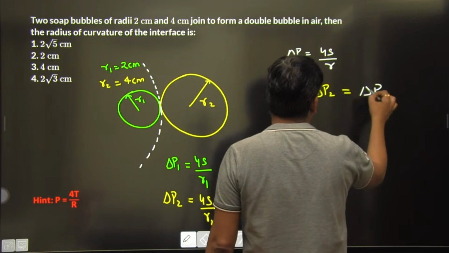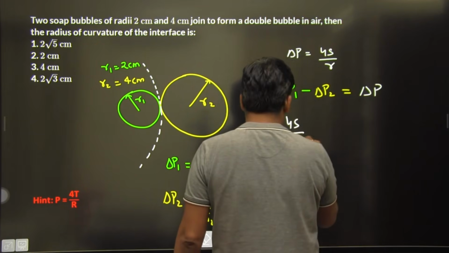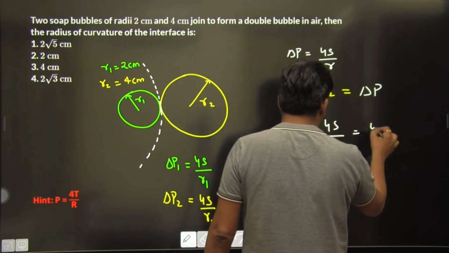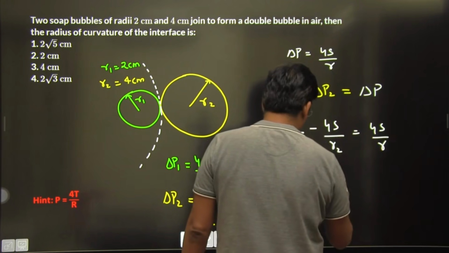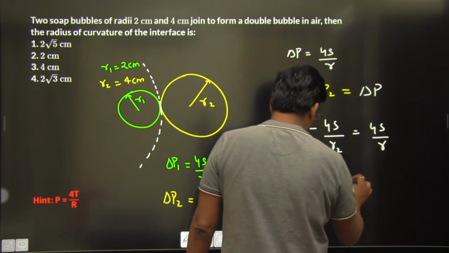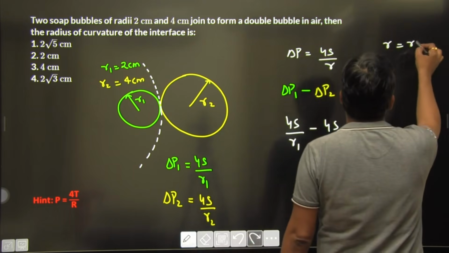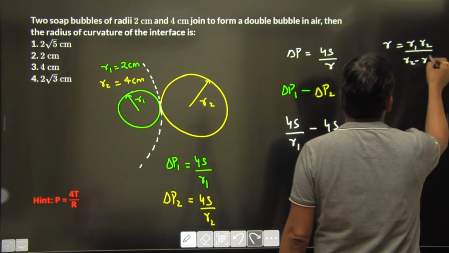Now let us substitute these values. 4S by R1 minus 4S by R2 equals 4S by R. So R2 minus R1 divided by R1 R2 equals 1 by R. In this way we got the formula for the radius: R equals R1 R2 divided by R2 minus R1.